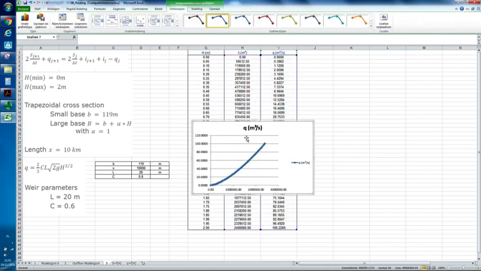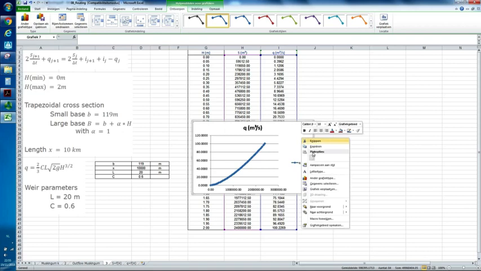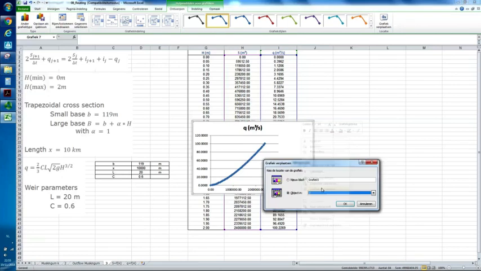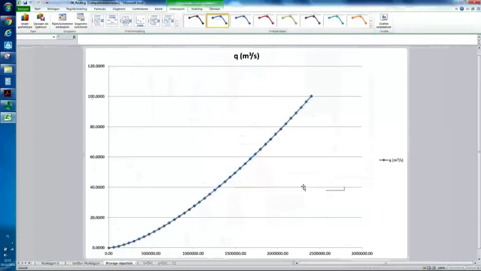This looks better already. Let's move this, and we will call this storage equation, because this is our additional equation that we have between Q and H. Sorry, not between Q and H, between Q and S.